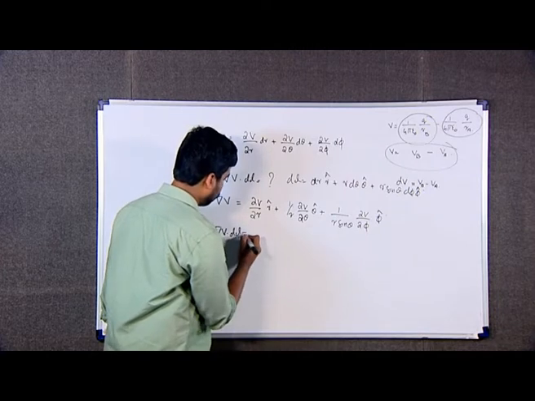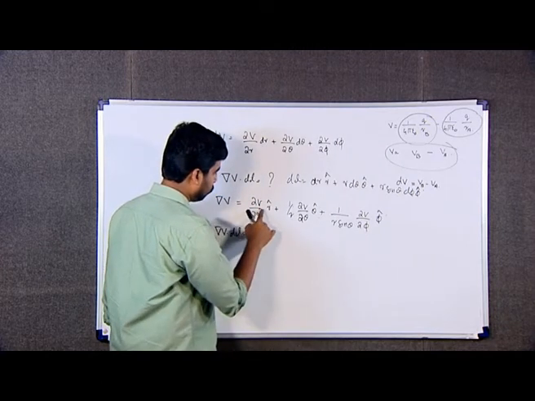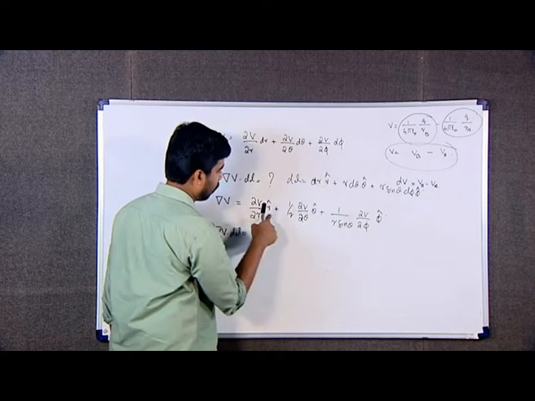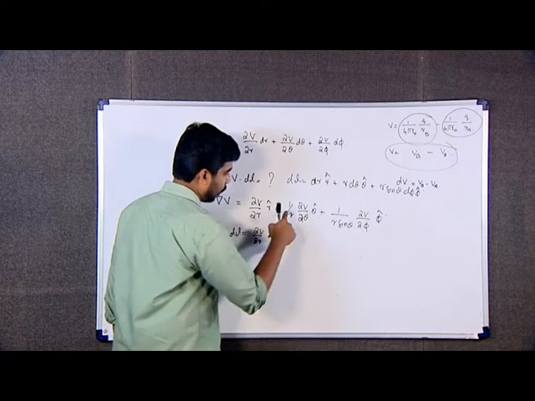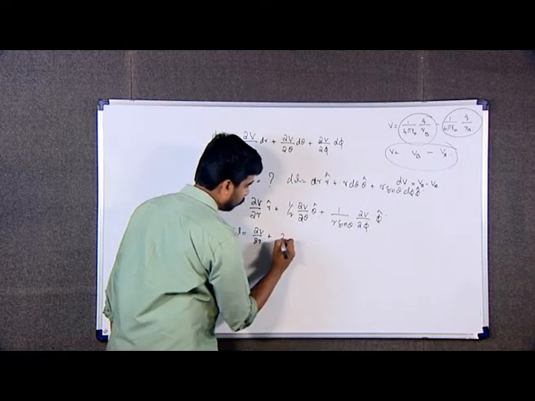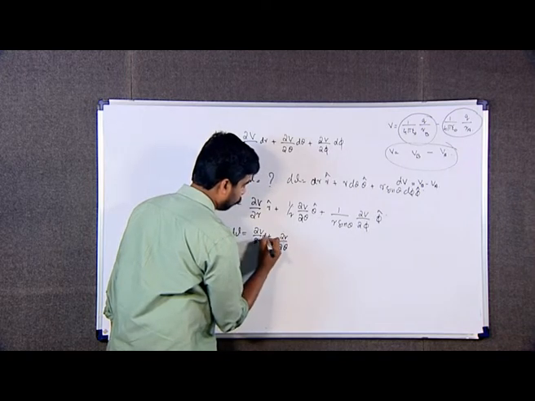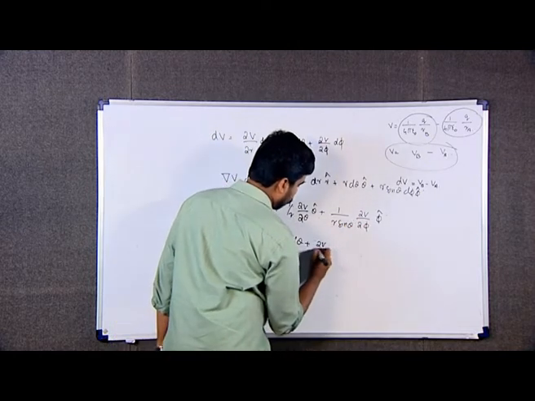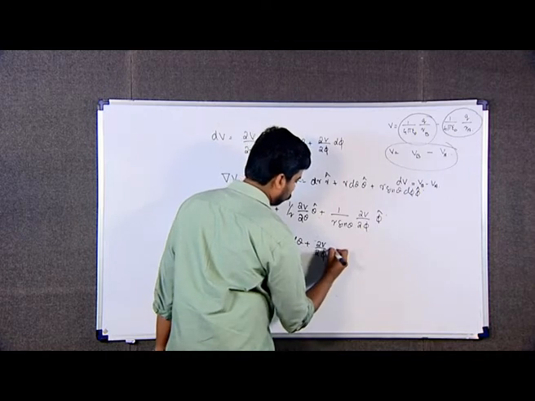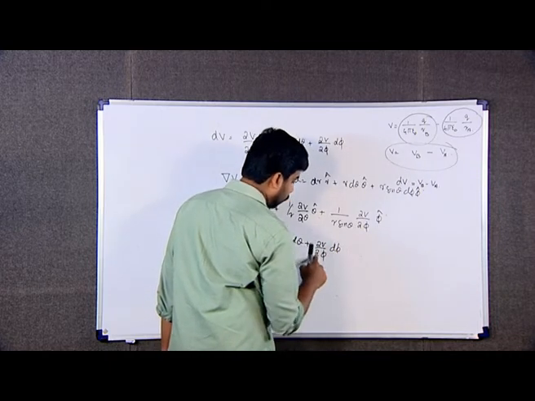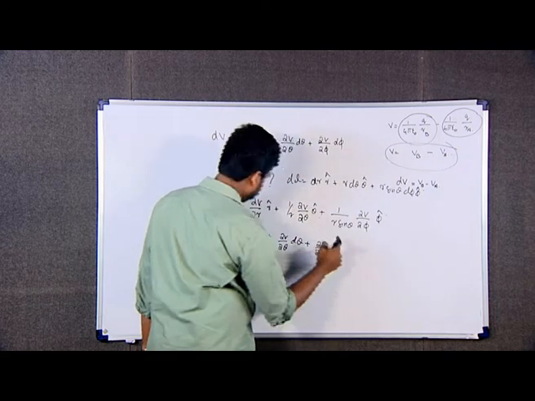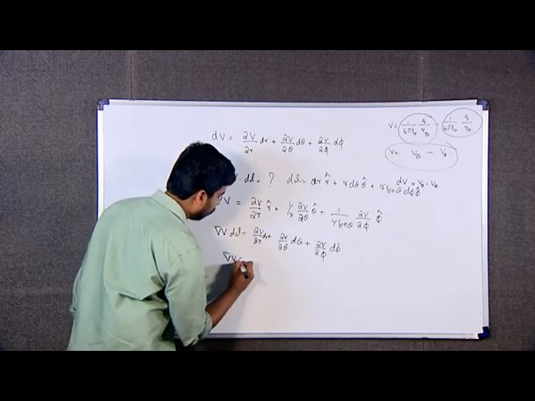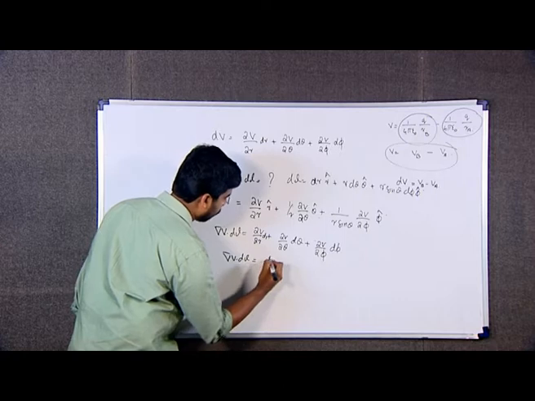So, I can find out del V dot dl, which will give you the result dou V by dou R into dr, and then 1 by R and this R will go, that is dou V by dou theta into d theta, plus R sin theta, and R sin theta will go, dou V by dou phi into d phi. This shows that del V dot dl can be represented as dV.